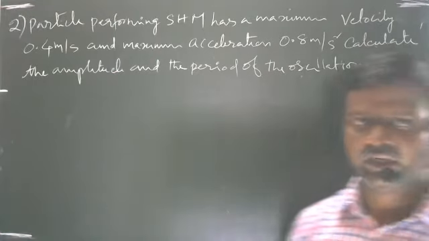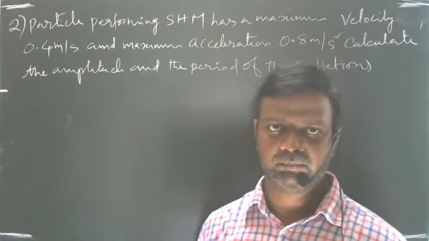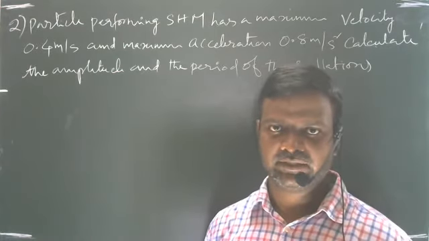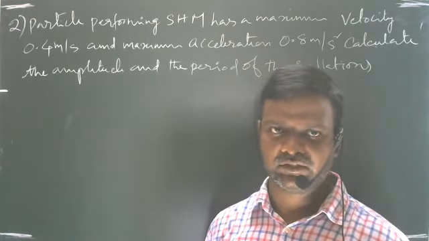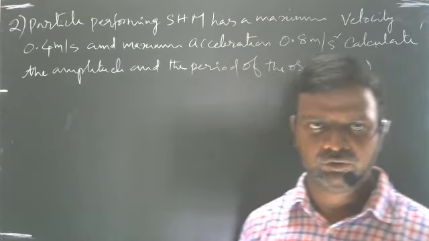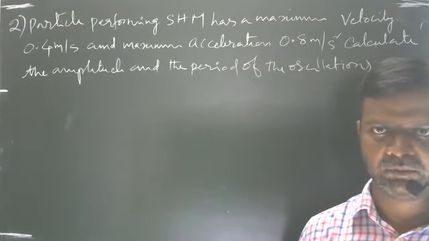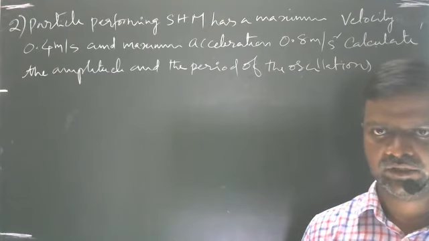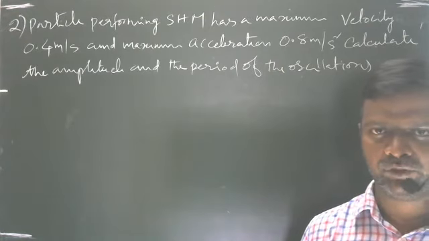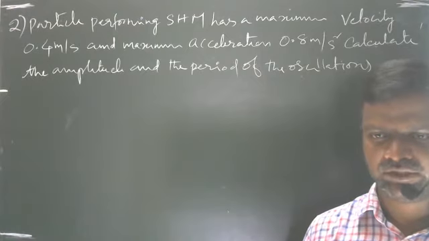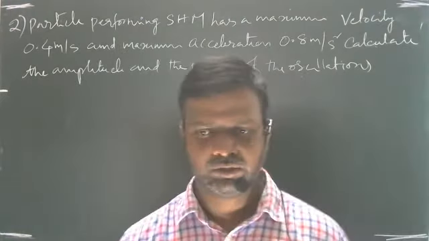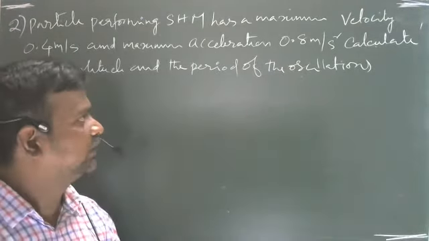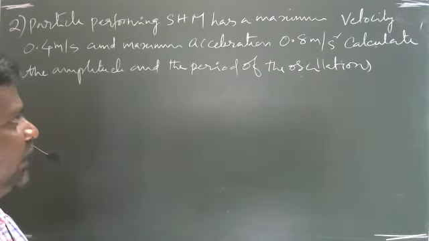Okay, next question is given like this: a particle performing SHM has a maximum velocity of 0.4 meter per second, and the maximum acceleration is 0.8 meter per second square. Calculate the amplitude and the period of oscillations. So here V max is given and A max is given.